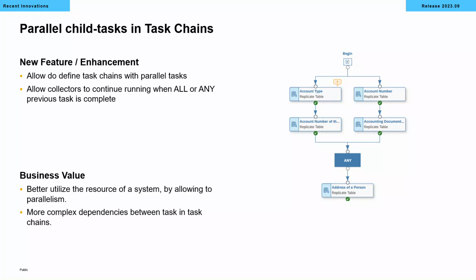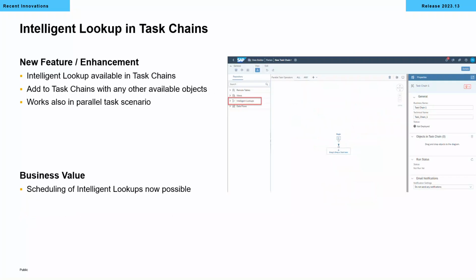So that feature is long awaited, and we also follow that up in release 2023-13 with an addition to the task chains where we can now also include intelligent lookups in task chains. But without talking about slides, let's have a look at the system, how this is implemented.